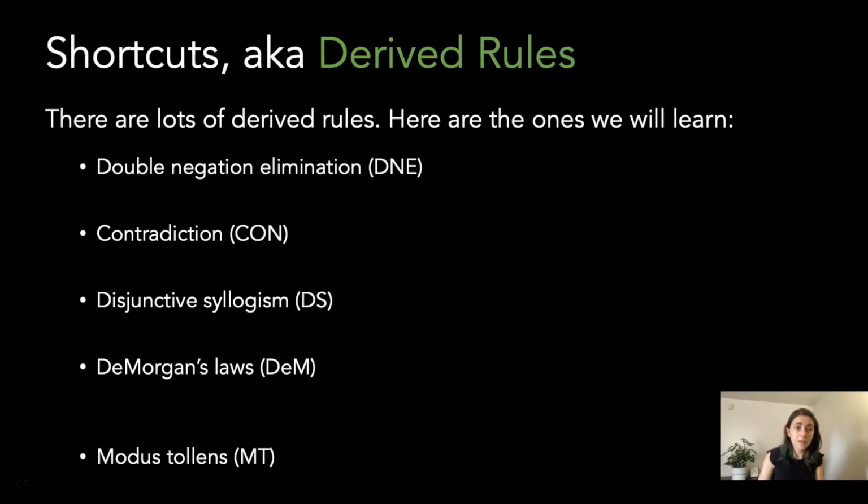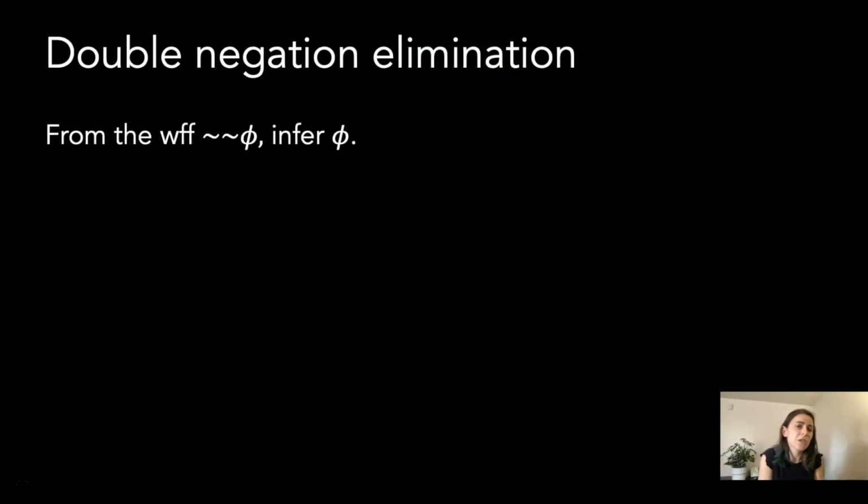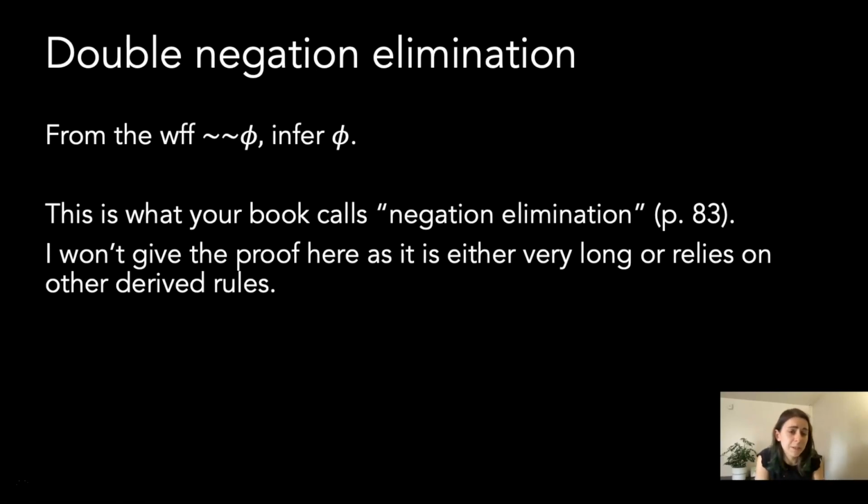So let's start with double negation elimination. The idea with double negation elimination is that from the well-formed formula negation negation of phi, we can infer phi. This is actually what your book has been calling negation elimination. I won't give a proof of this here because it's either very long or it relies on other derived rules.